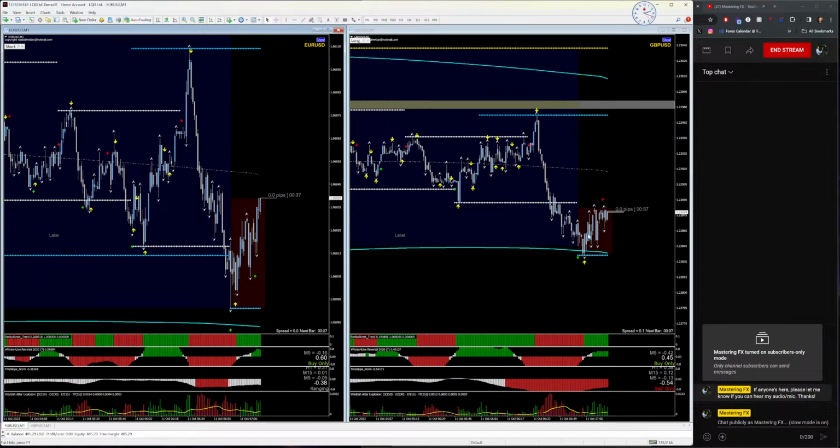Same here. We did have a fair value gap here. We did break above those highs, but then price came all the way back to the bottom, and actually I think it even swept it.